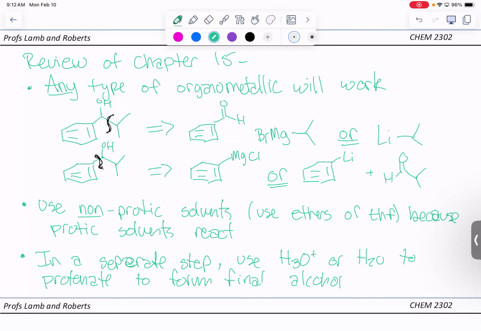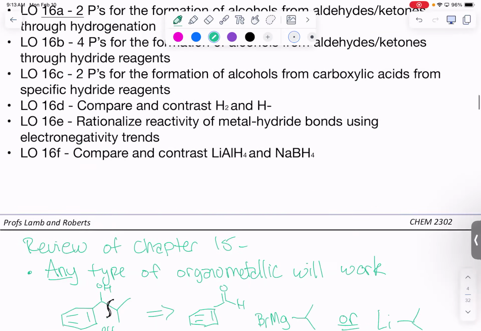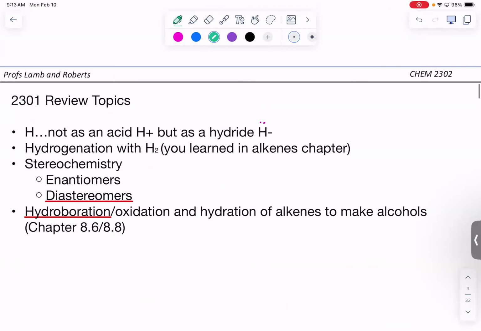We use non-protic solvents, otherwise our organometallics would quench and they would also catch on fire. And then in a separate step, we need to protonate to form our alcohol product. All right, so that's chapter 15. And the reason why we're reviewing this is some of the stuff that we're going to use today, I alluded to the fact we're going to use hydrides, H minus.